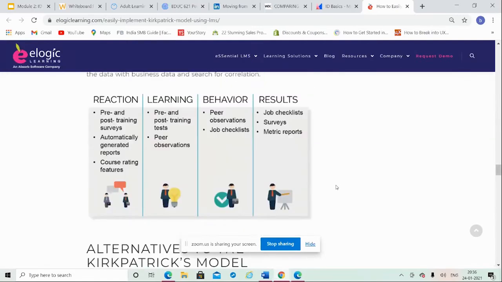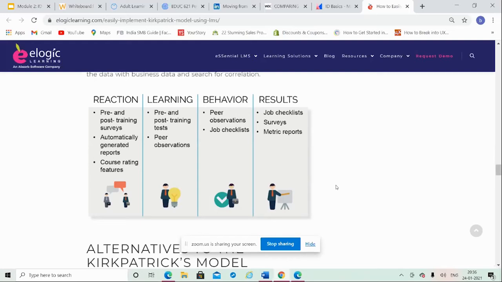So here is an example of how this can be done practically. To measure the reaction, you can do pre and post training surveys. You can have generated reports and course ratings from the learners that will tell you how the course was. And for the learning, you can have pre and post training tests. So this will test the training part of it, and the peer observations.